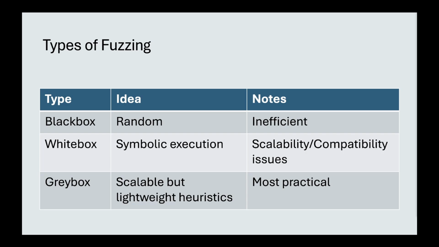The next is kind of the opposite end of the spectrum, which is called white box fuzzing. This technique uses things like symbolic execution to analyze program behavior and generate inputs that trigger specific paths. It is looking to narrow down how to actually access the vulnerability rather than just spray and pray.